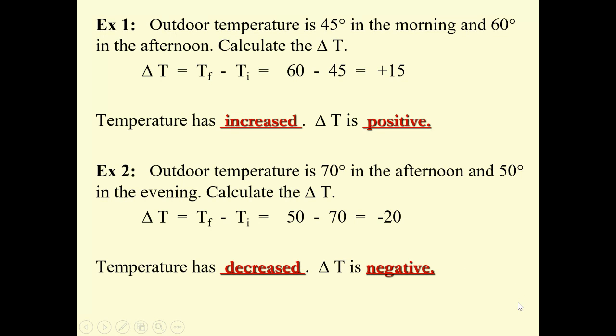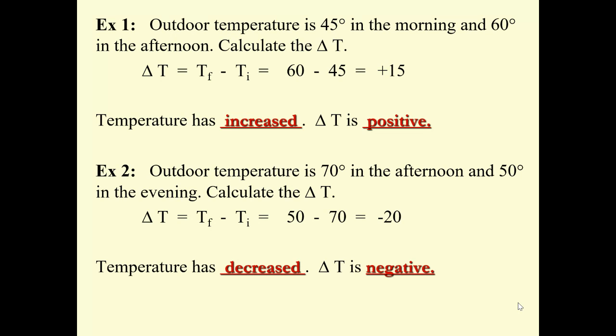Another example, let's say the temperature outside this afternoon is 70 degrees, and then it drops to 50 degrees in the afternoon. Calculate the delta T. Well, the final temperature is 50 minus the initial temperature of 70 gives us a temperature of minus 20. Temperature has decreased, delta T is negative.